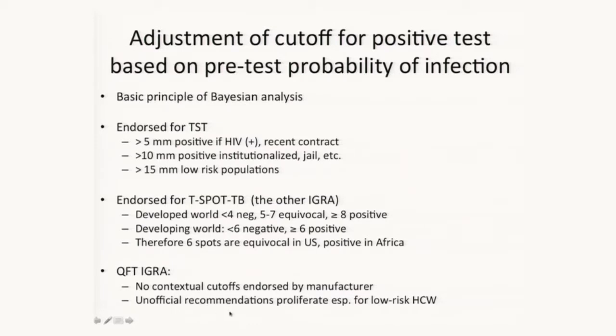So there's been a proliferation of unofficial recommendations. I don't want to go into this with you guys right here and now, but just to say that these are the kind of phone calls I get, and some of you may get also, about what are we going to do about this low positive in this person with a really low pre-test probability.